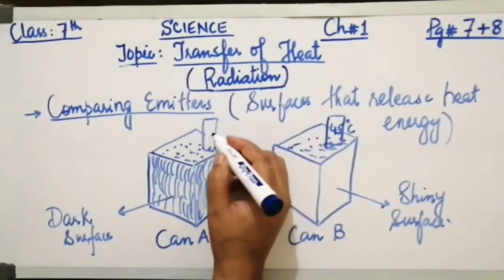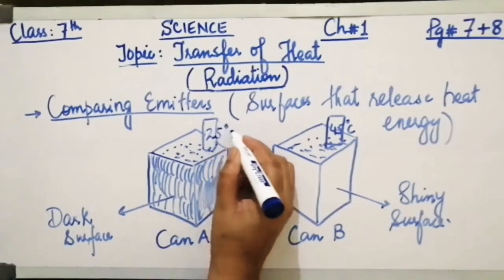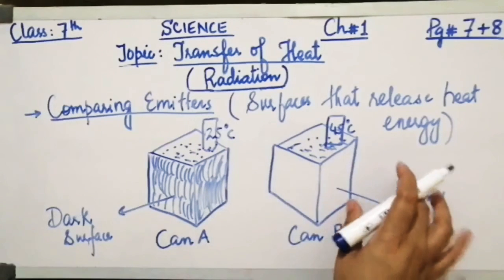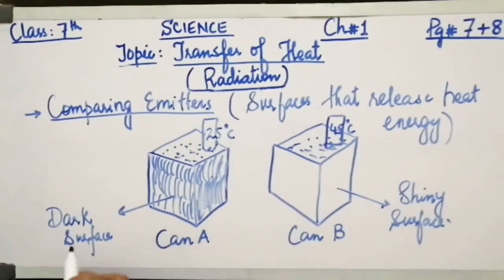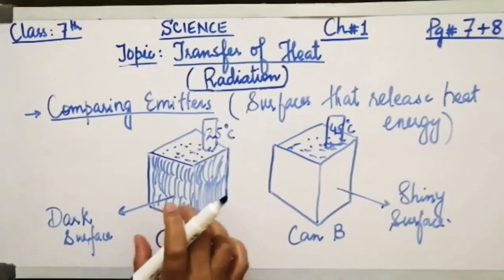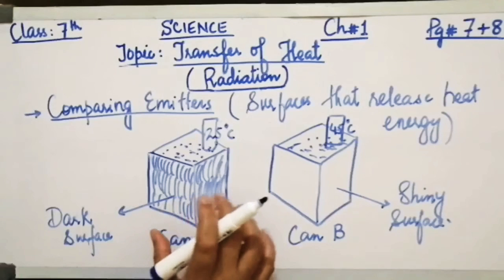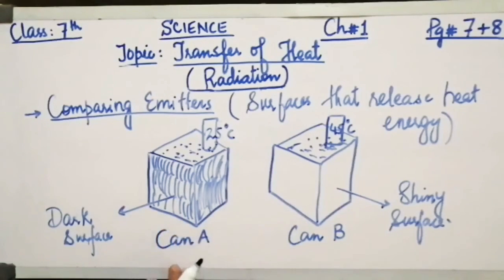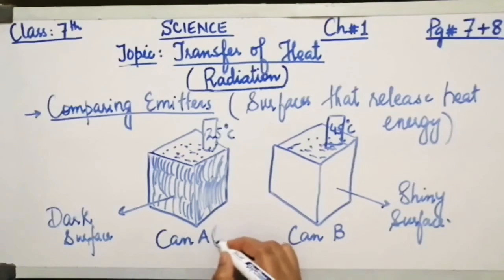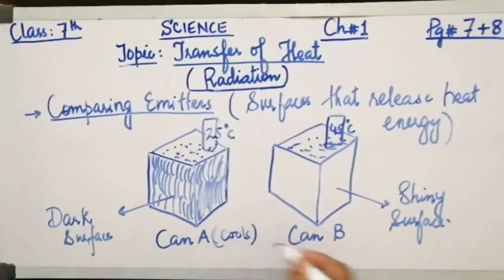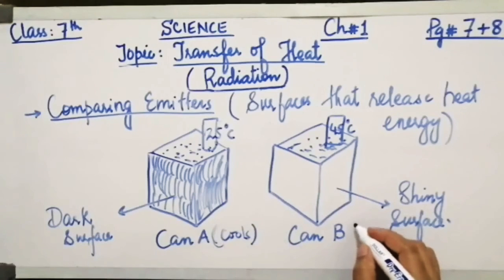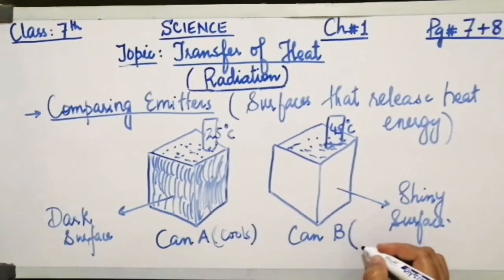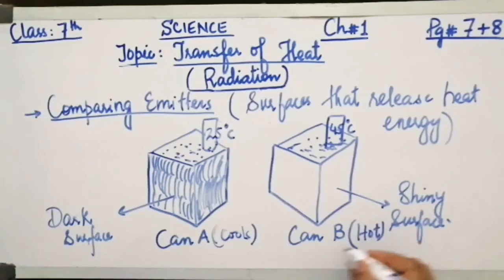The temperature is decreasing up to 25 degrees Celsius as compared to can B, because in can A the dark surface actually releases heat energy, and it does not allow heat energy to get inside the container or the water. That is why can A cools down very quickly. While on the other hand, can B does not cool down quickly, so it will remain hot. It will remain warm.